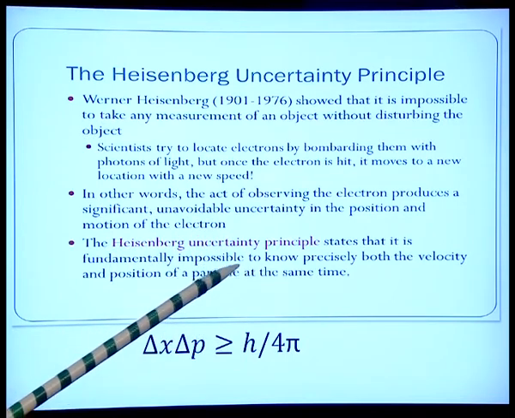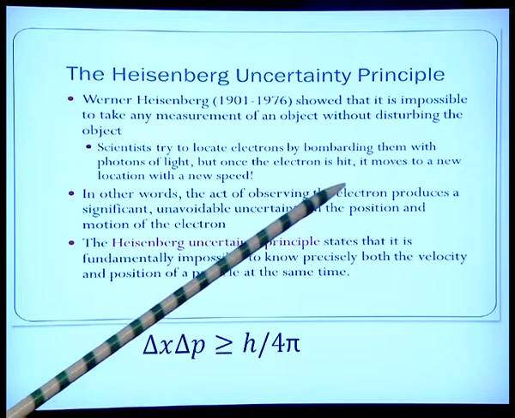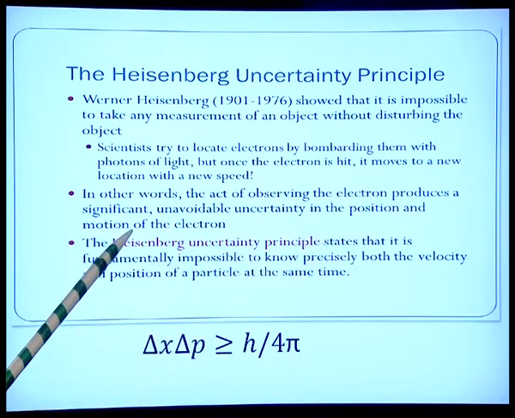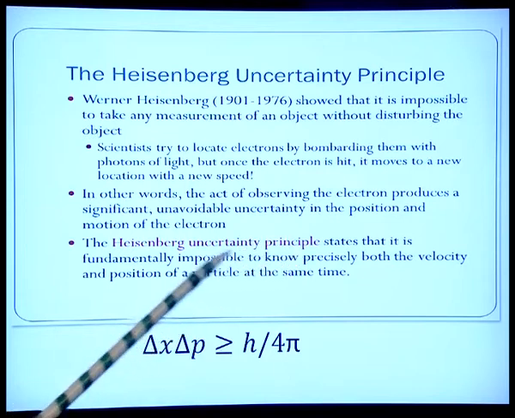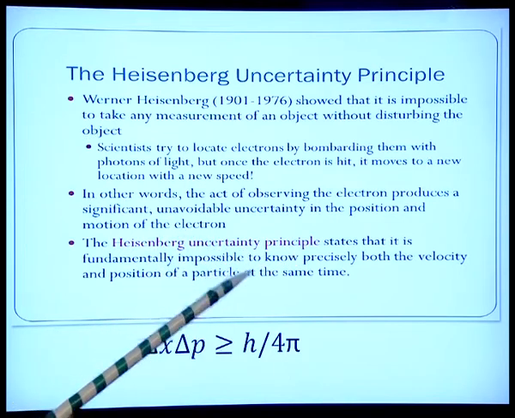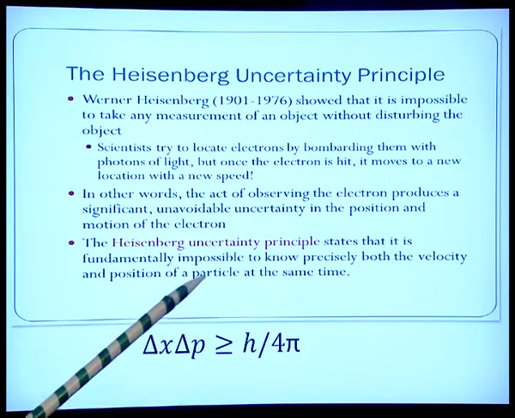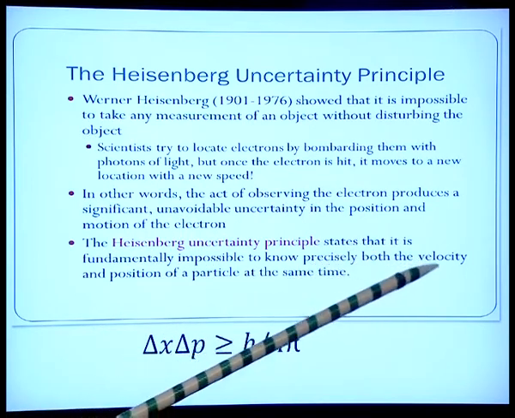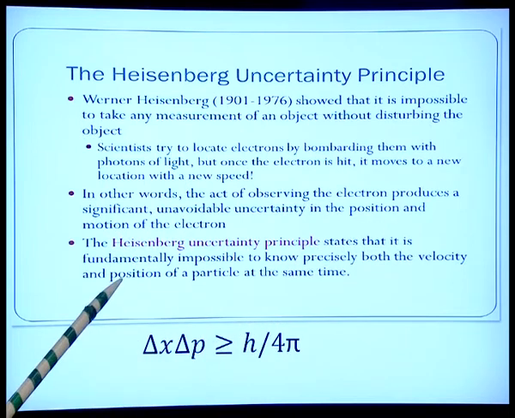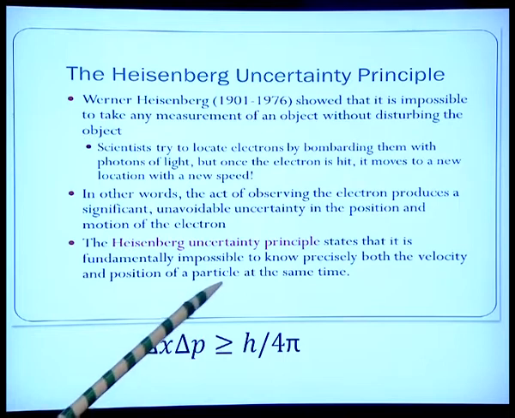In other words, the act of observing the electron produced a significant, unavoidable uncertainty in the position and the motion of the electron. That means it is fundamentally impossible to know precisely both the velocity and the position of a particle at the same time.